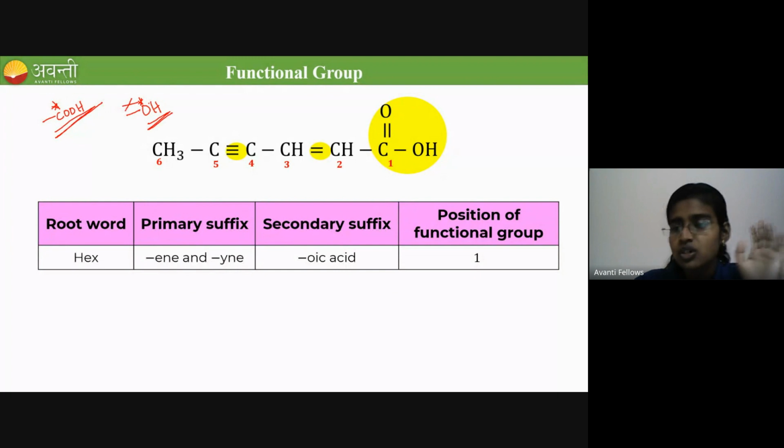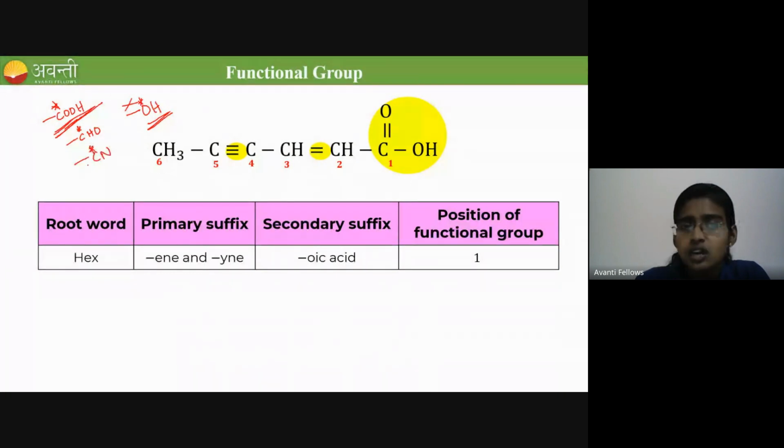Numbering should not be given for oxygen, sulfur, etc. Numbering is only for carbon. So if your functional group contains carbon, you have to number that carbon also. Suppose CHO also contains carbon, so you have to number this carbon. And if your compound contains CN, you have to number this carbon.